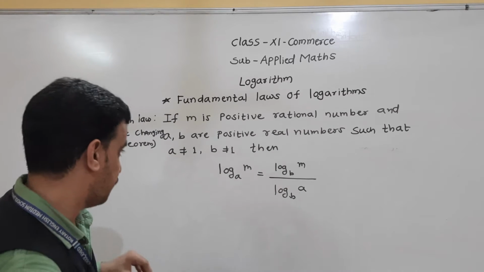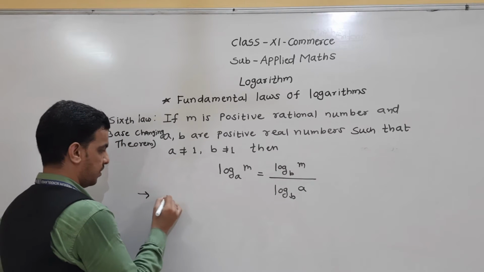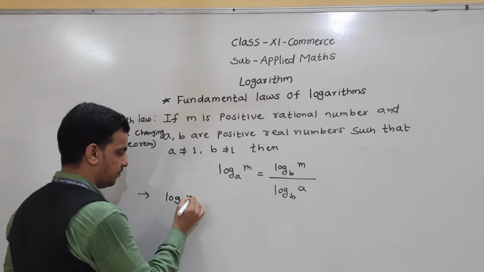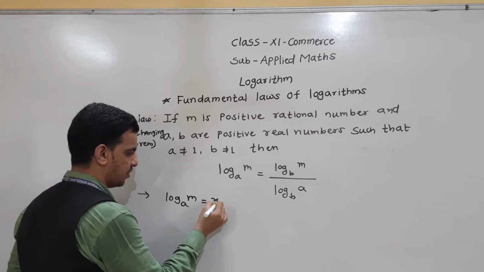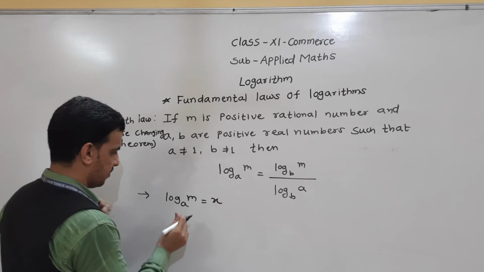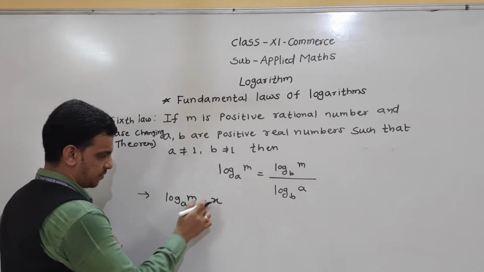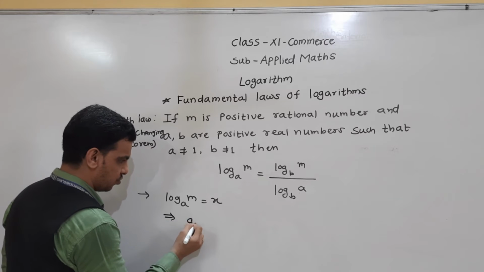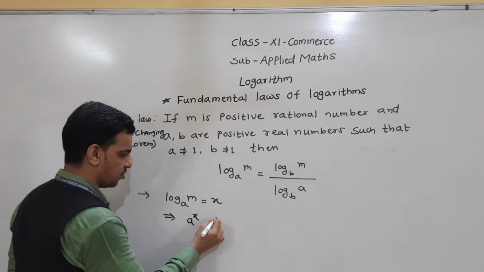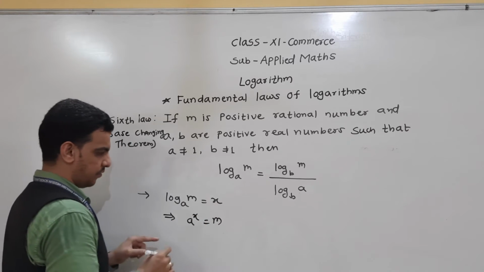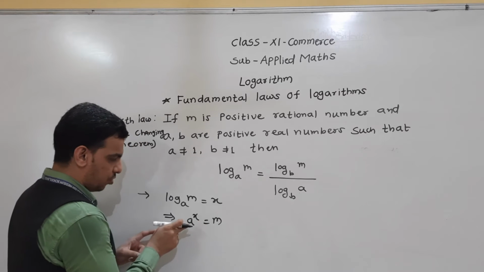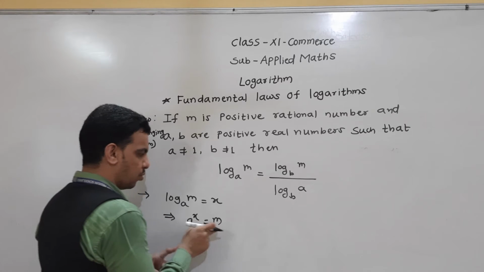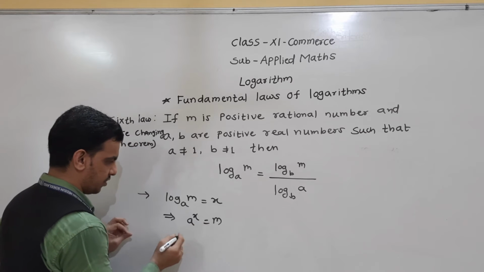First we suppose that log m to the base a is equal to x. Now if we write in exponent format, it is a raised to x is equal to m. Now we take log on both sides with base b.